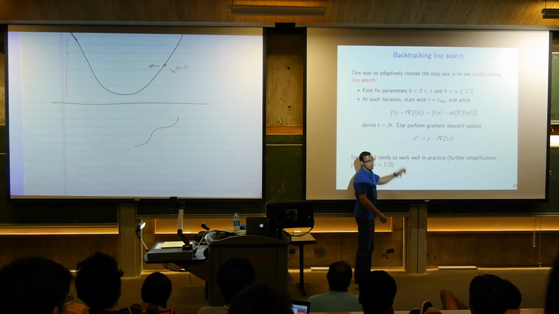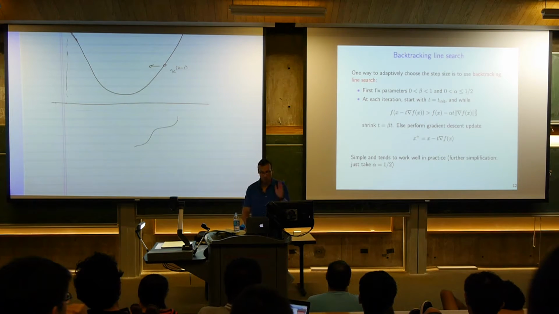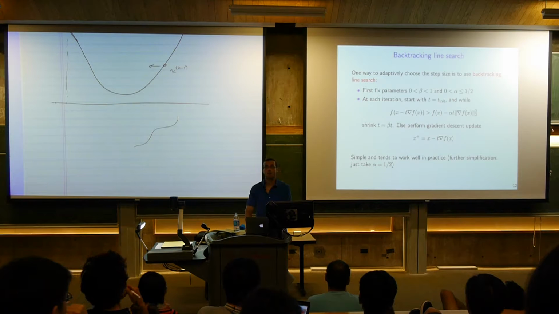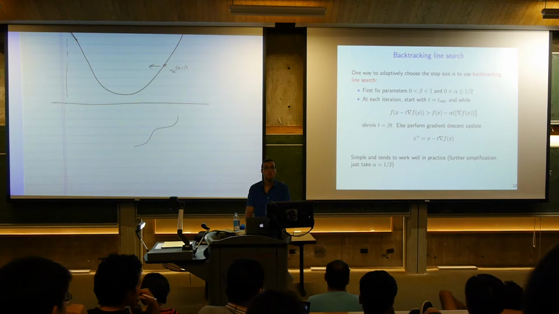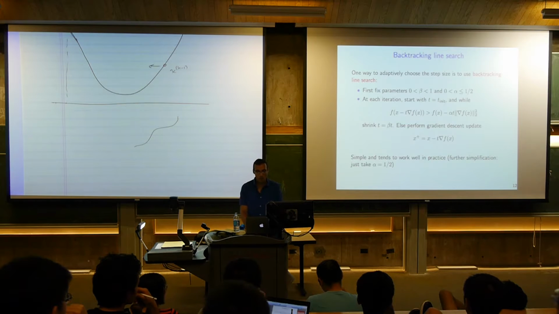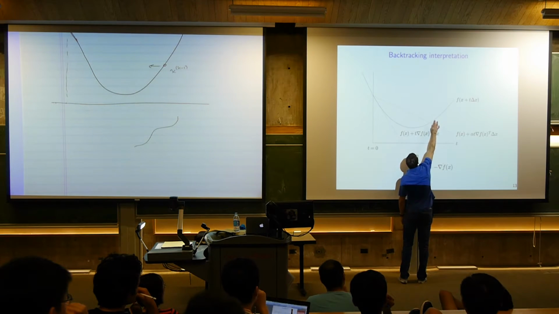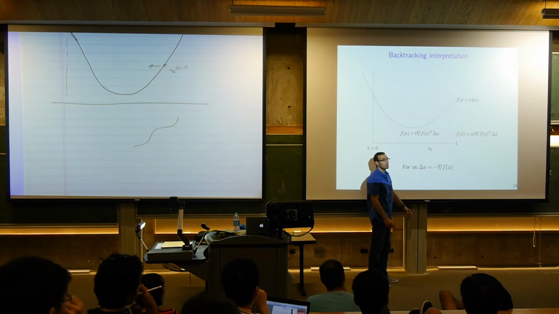What happens if I take beta to be really big and I run this algorithm? Sorry, really small. If I take beta to be really small, like 0.01, the step size can overshoot. I could be here, and I could say, oh, I don't have the proper direction yet, right?